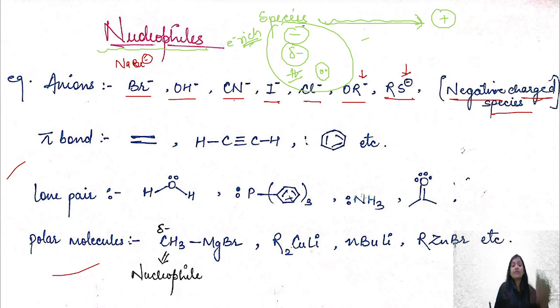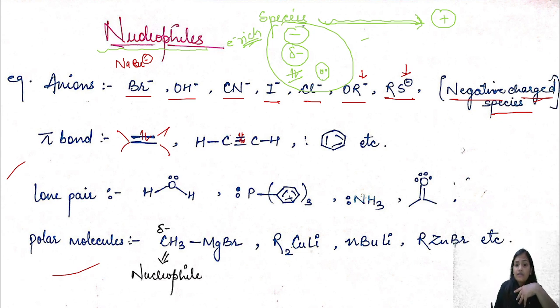Now, any species having a pi bond, like any alkene, or any alkyne, where we have two pi bonds, yes, they are said to be nucleophilic in nature because of more electrons. Pi bond is a weak bond. It can easily be broken and can give its electron pair to any other species, meaning any species with a nucleus.